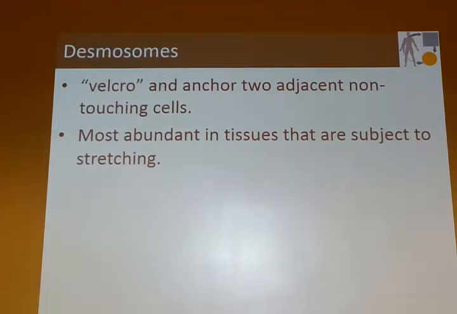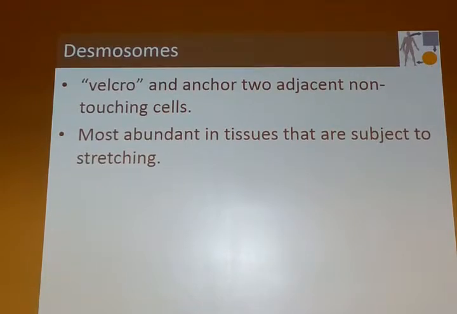But then I think in my memory way back, somebody saw thistles and saw things that attached in nature and invented Velcro. So I don't remember. But if you look at desmosomal attachment, the interaction is like Velcro. You have fuzzy proteins in Velcro or fuzzy plastic, and then a hook that you press in there and it attaches to the other plastic, and you've got the thing stuck together.